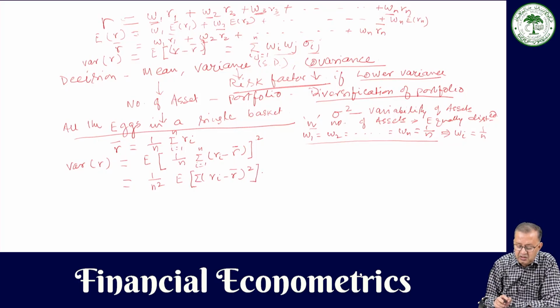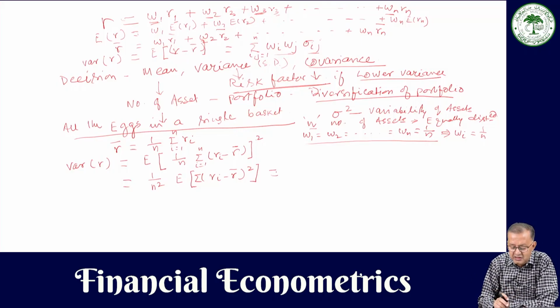So we can write this as 1 upon n square, the expected value of the sum of ri minus r bar, whole squared. We can write this in variance-covariance format also. If the assets are correlated, then this equation will not be simply for the variance, but for variance as well as covariance.